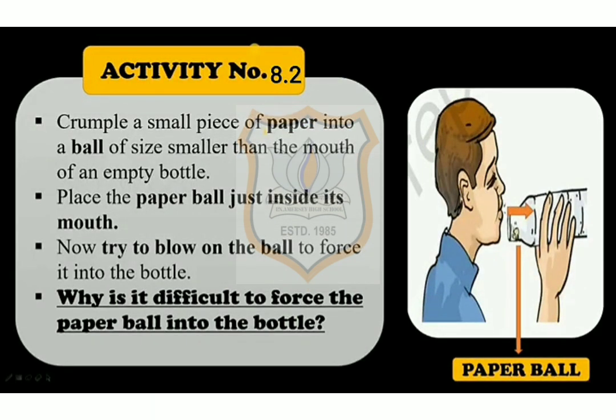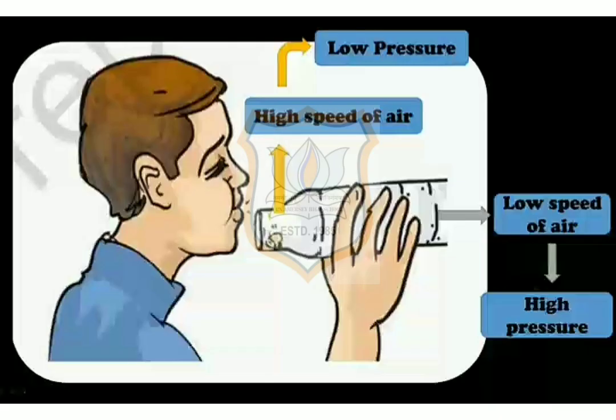Paheli and Boojho are thinking about the following question: why is it difficult to force the paper ball into the bottle? The reason is that the speed of wind increases on blowing air, so the air pressure on the paper ball decreases.